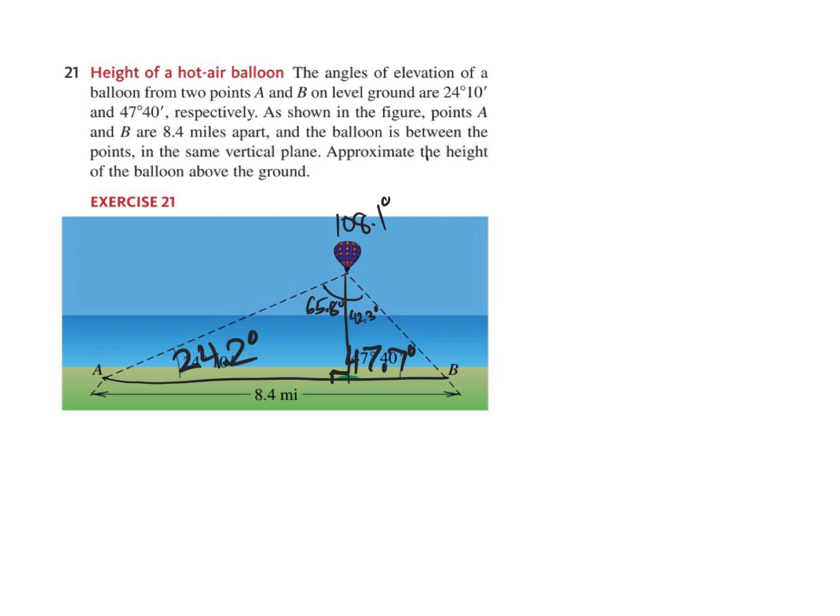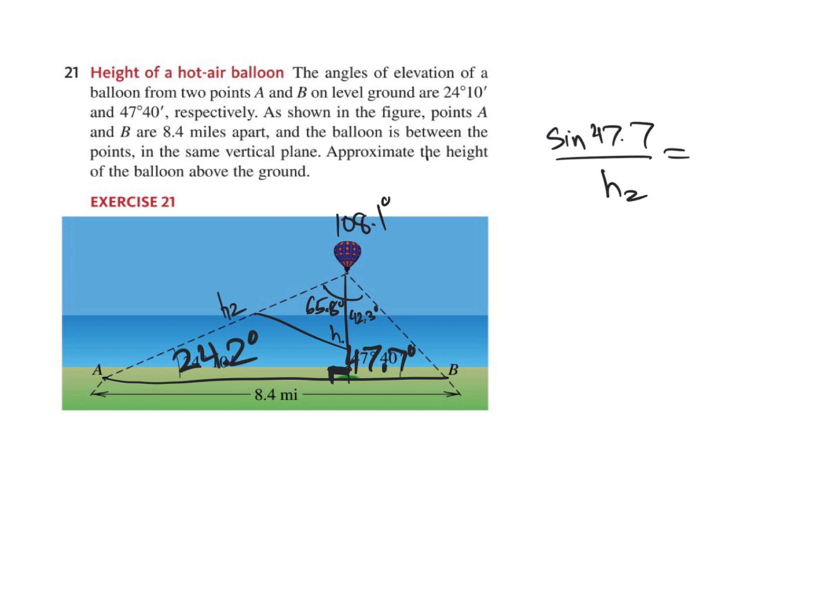Okay, so what it wants is the height of the balloon, and we don't know anything else, so we need to get some other figures first. So let's get, we'll call that h sub 1, we'll call this h sub 2 here, okay? Let's get h sub 2. It's a right triangle here, so why can't we just do the sine or something like that? Because we have too many variables. You're going to have to use the law of sines to get h sub 2. So that goes with the 47.7 is to h sub 2.